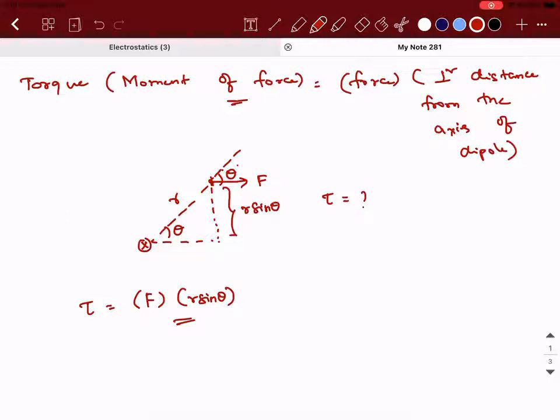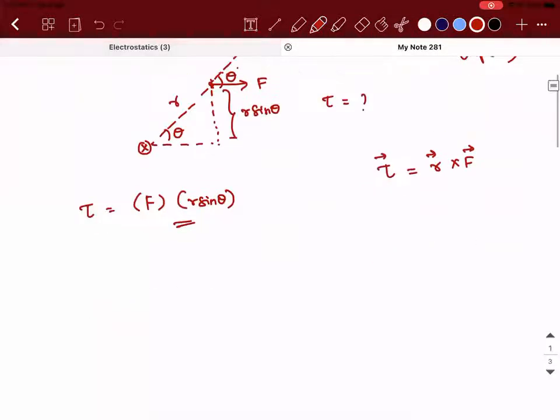But there is another formula for torque, which is r vector cross F vector. Right? See, if r vector is like this and F vector is like this, then r vector cross F vector is called torque. But what is the direction?